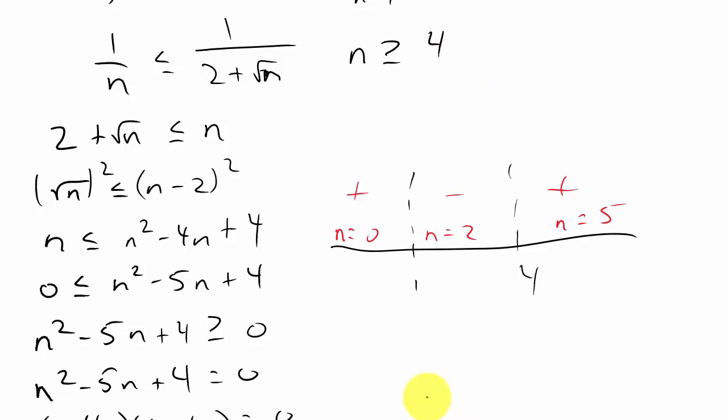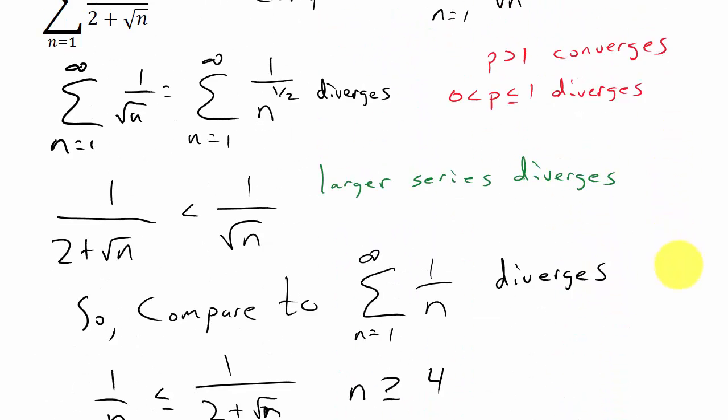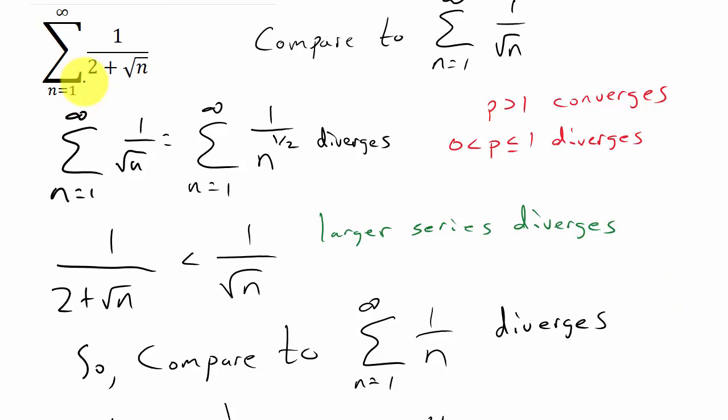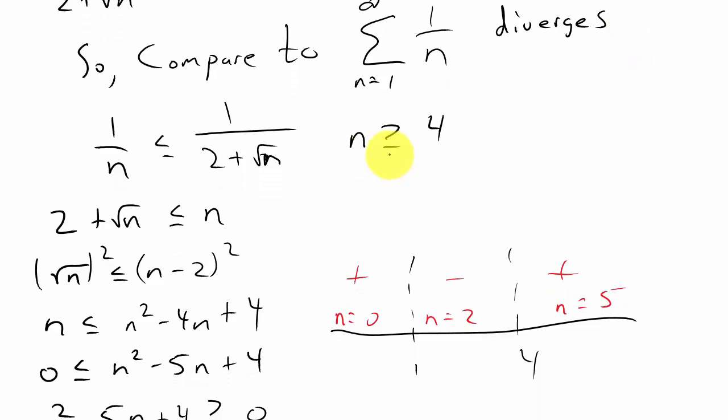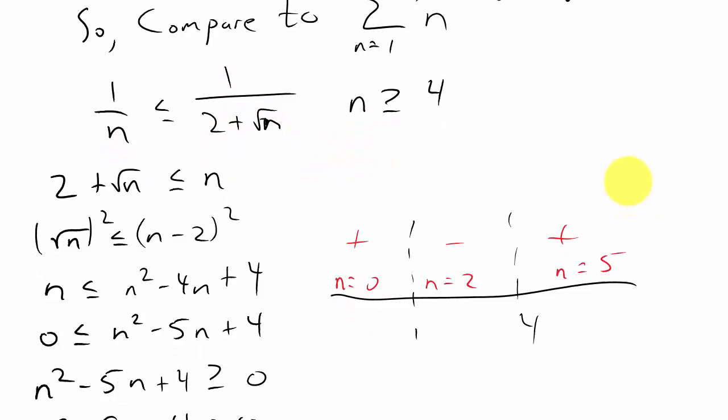Now, how can we do that? Because we're determining the convergence or divergence from n equals 1 to infinity. Okay, you see that? n equals 1 to infinity. But here we have it's greater than or equal to this, or this is smaller than this when n is greater than or equal to 4.